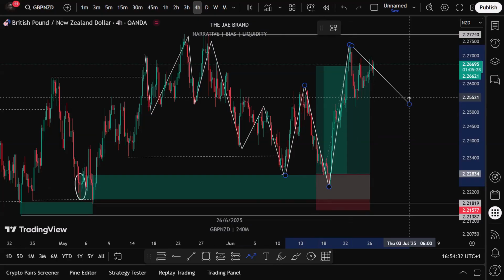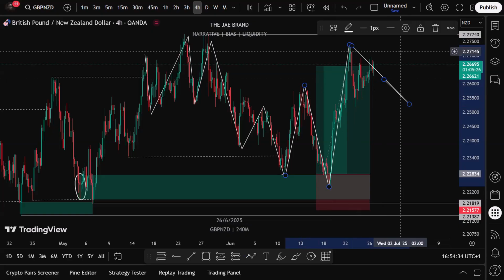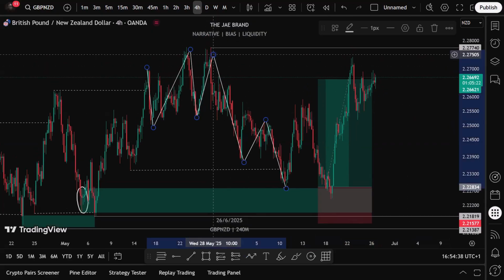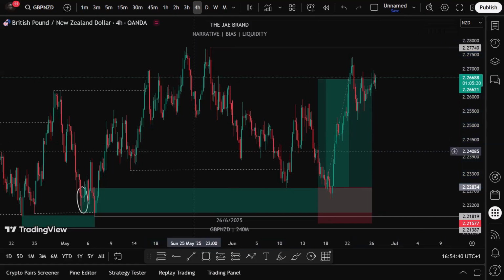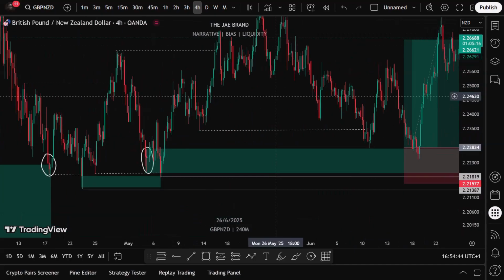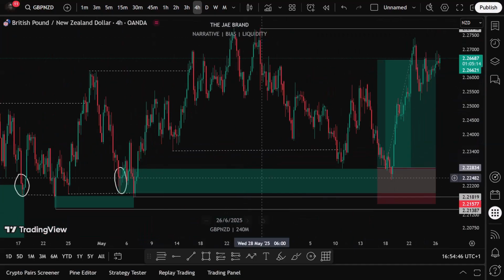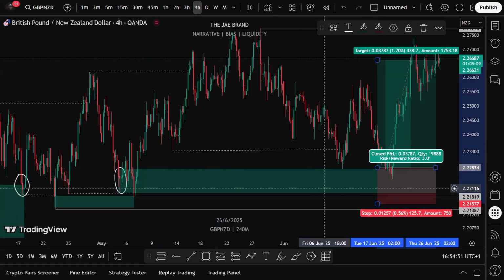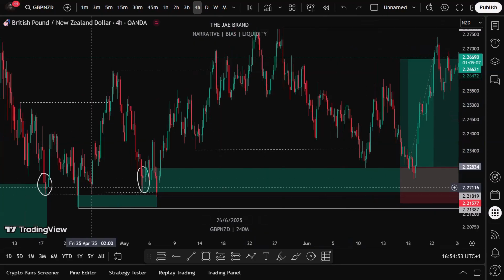So it's as simple as that, guys. So this is everything you need to know about POI. POI is that point or that area that you are interested in taking your trade, and of course it has to be valid. And how do you validate your POI?